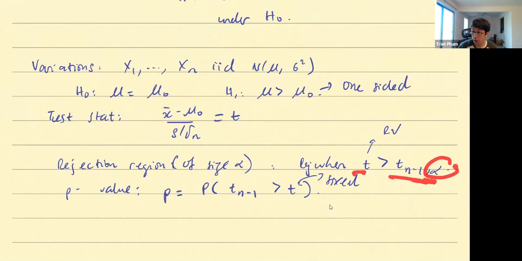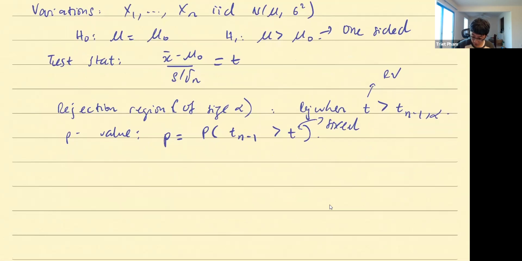Notice this is only alpha, not alpha over 2, because I have one side. The p-value is the opposite. The p-value asks me, what is the probability of observing a more extreme value than my test stat? This is my test stat, so this is a number. The probability of observing a more extreme value than my test stat is the probability that the T(n-1) distribution is bigger than that value.